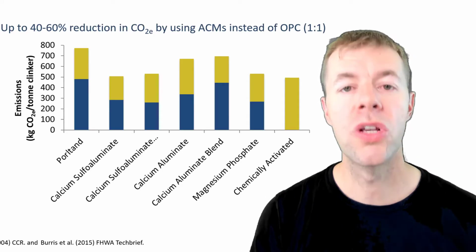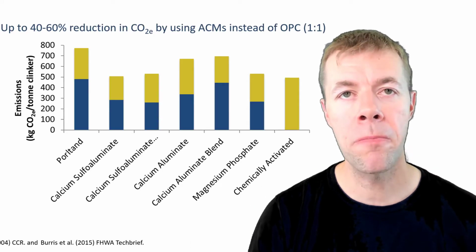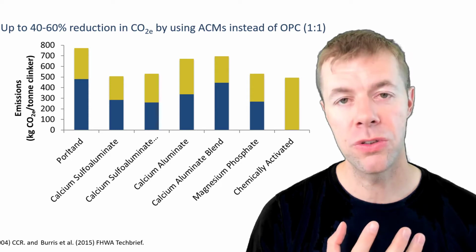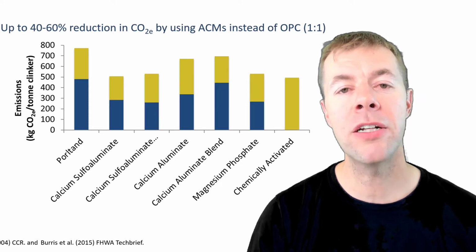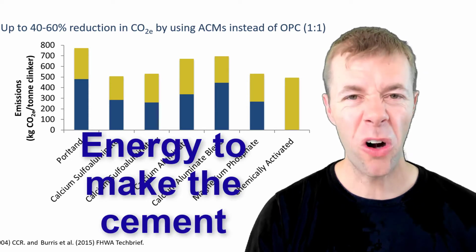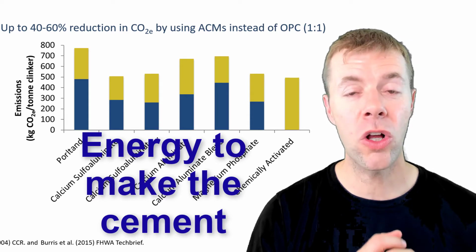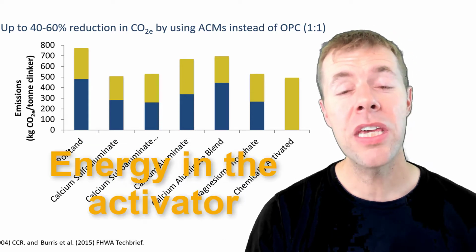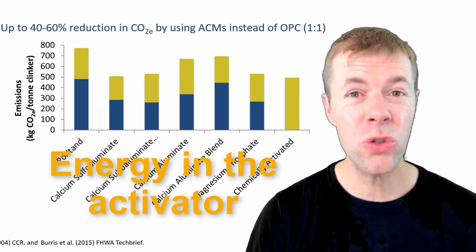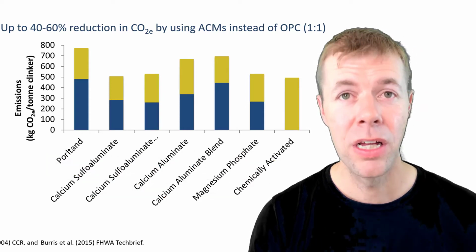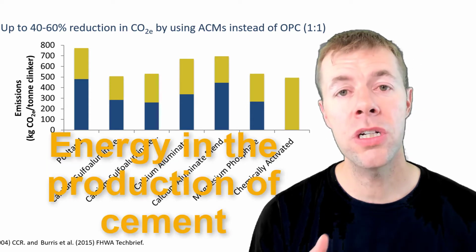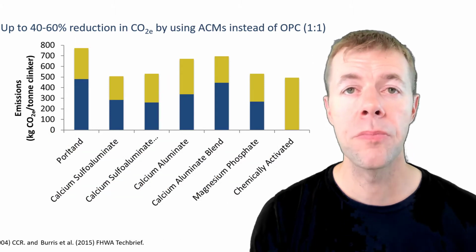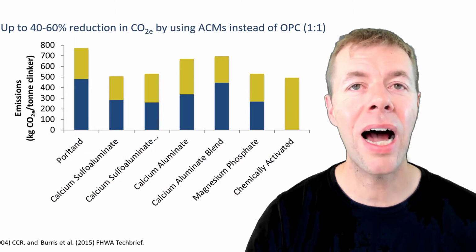This plot shows some of the different ACMs on the bottom versus the emissions, or the amount of energy needed to produce them. The blue bars is the energy that's used in the clinkering process. The yellow bars is the energy that's used in the activator, or the production of the material. So you can see Portland cement is the highest.